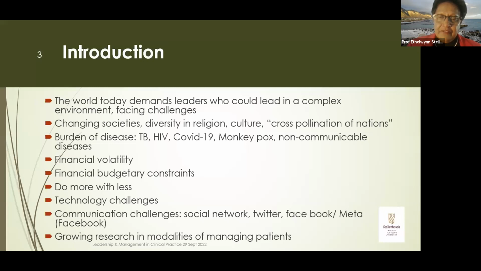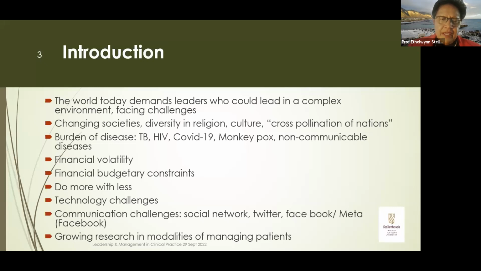And take it further, from internationally, nationally, and down to where we are, on a microcosm level, the departments and so on. We all have challenges right into your household. But we need leaders that are able to lead in these complex environments, because there are too many challenges that we are faced with.